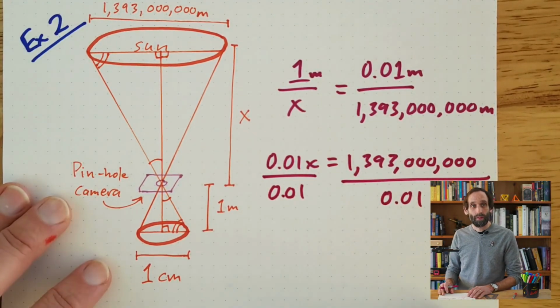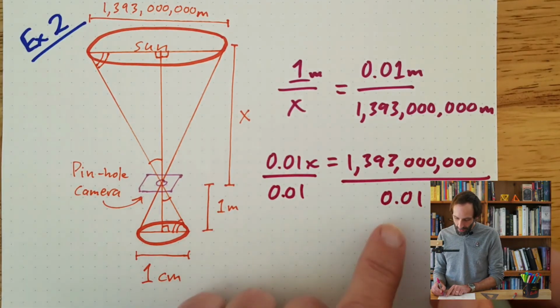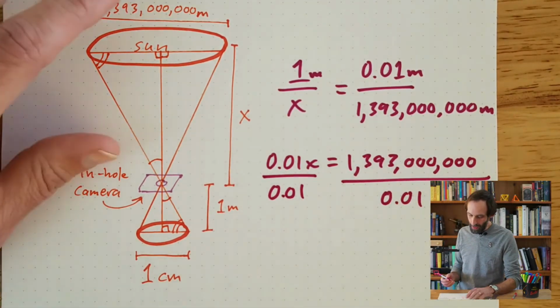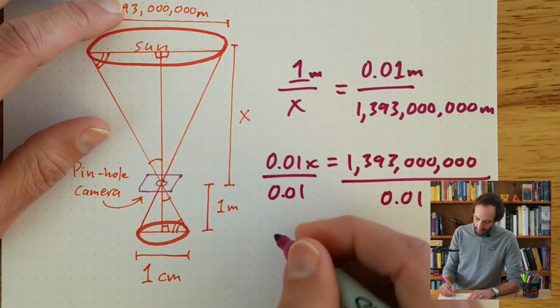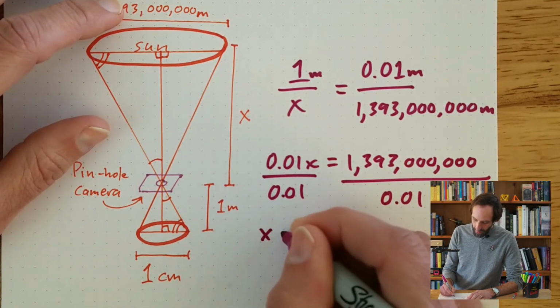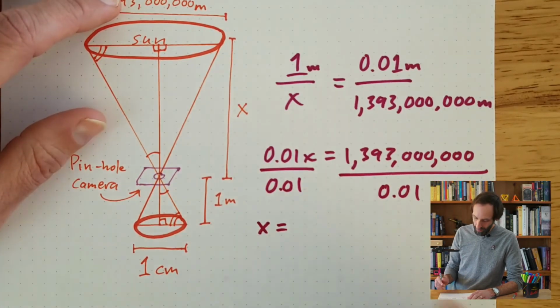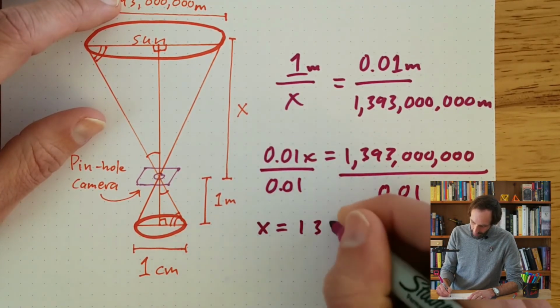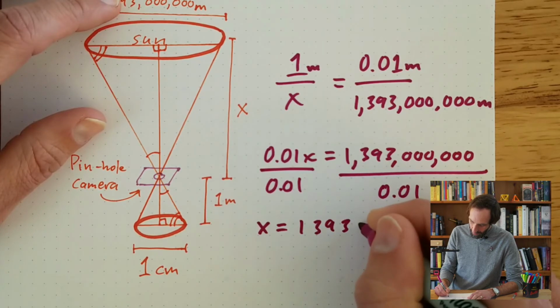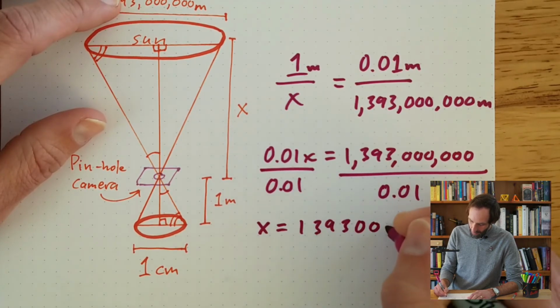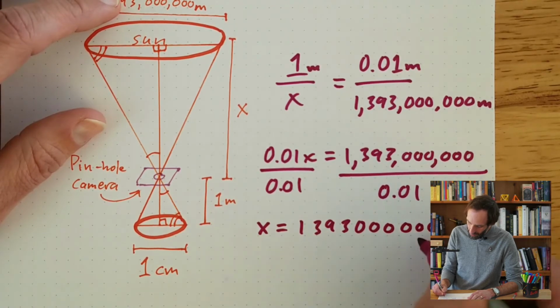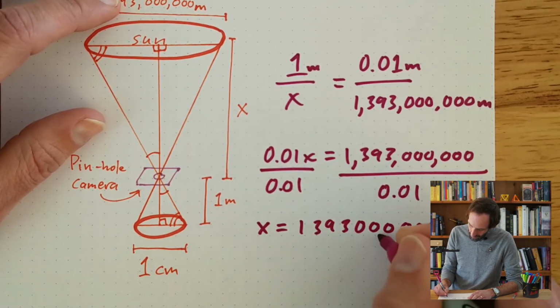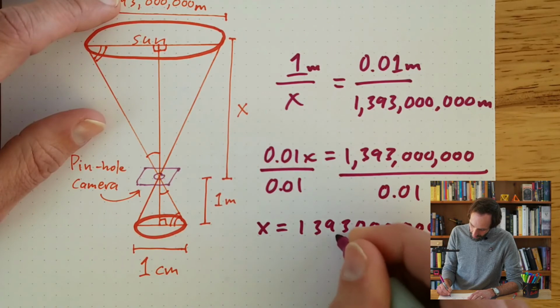Okay, so actually I don't need a calculator for that. I can just move the decimal point over, right? So I'm going to get that x is equal to 1,393,000,000 with more zeros and 2 more decimal places. So let's see if we can work this out.